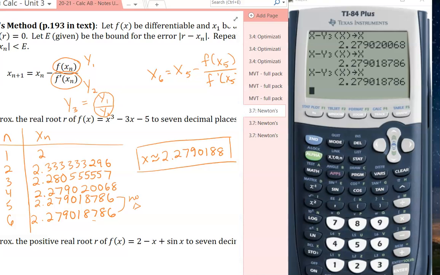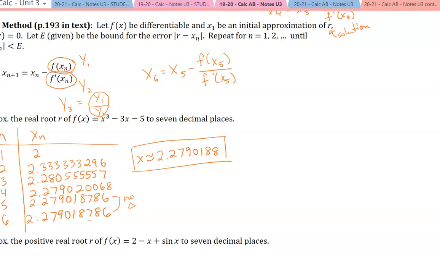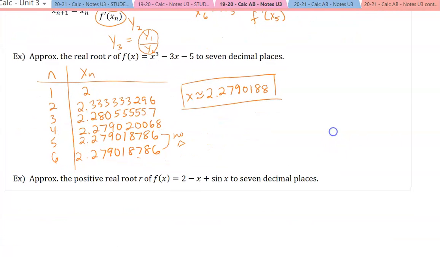Okay? All right, so what I would like you to do is to pause it and try this next example, okay? And then just a hint, remember that we should be in radians, okay? And then resume it, and I'll put the solution up so you can see if your chart looks the same as mine. Now, if you have a different initial x estimate value, your chart is going to look different than mine, okay?